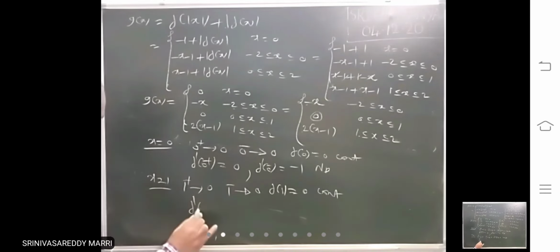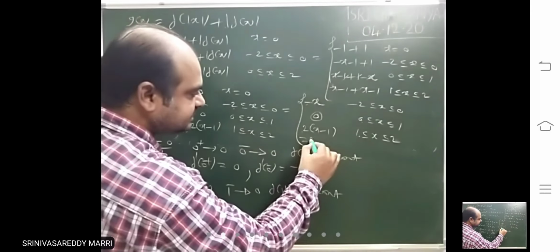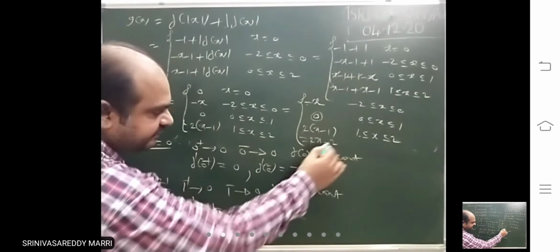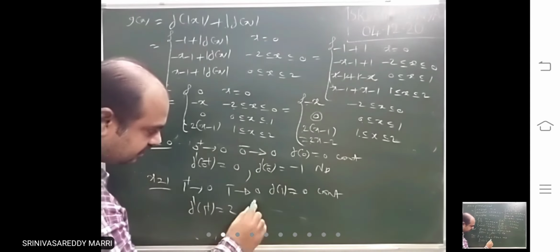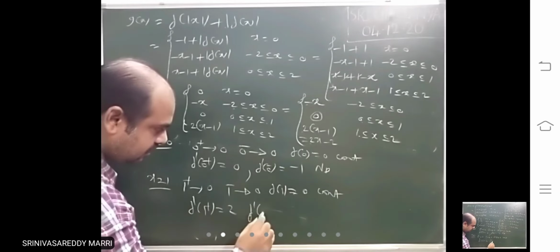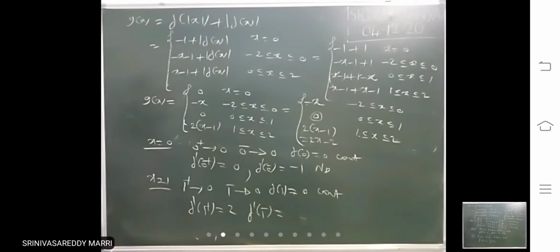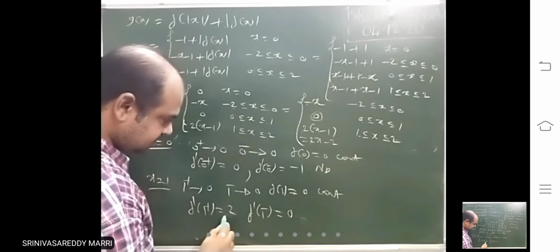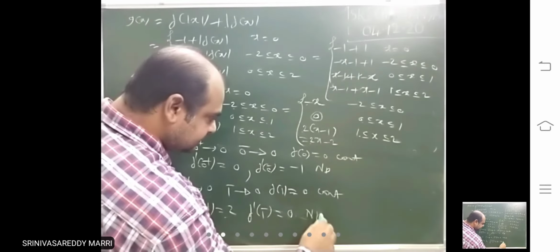Now derivative, right hand derivative 1 plus. This is 2x minus 2, so derivative is 2. 1 minus, derivative of 0 is 0. So not equal, not differentiable.